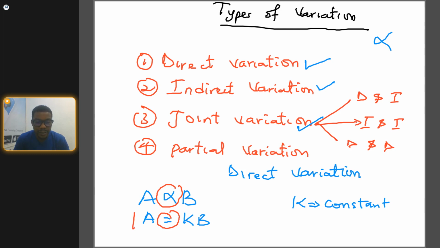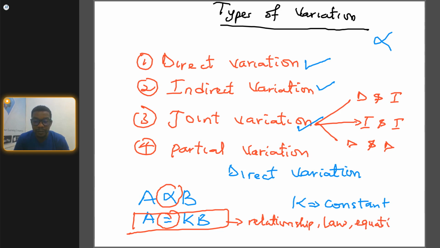Take note that this is the relationship between letter A and B. We call it the relationship, we call it the law, we also call it the equation connecting A and B.